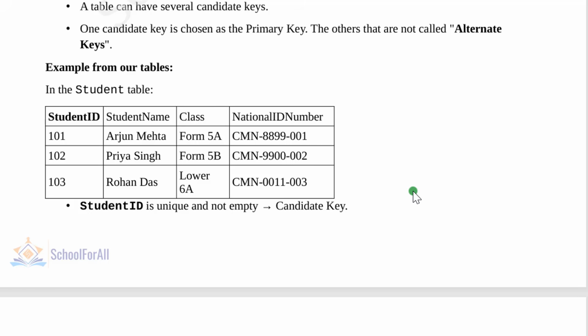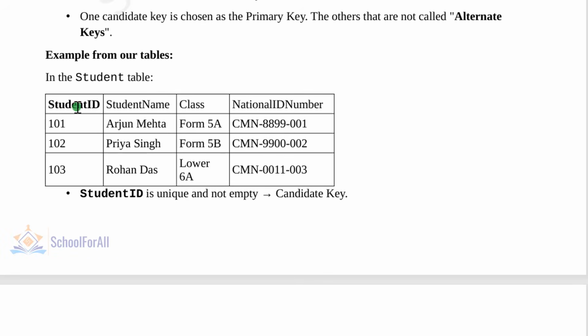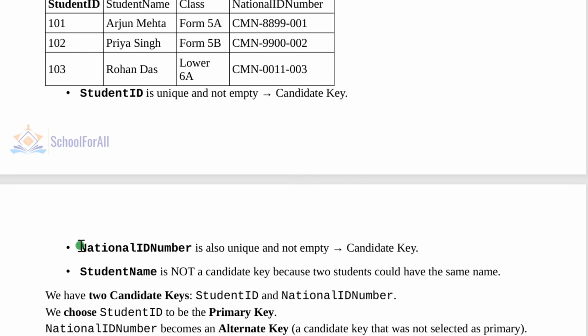Among the candidate keys, you are supposed to choose just one, and the one you choose is the primary key. Let us say I chose student ID, which I think is what I did here. Student ID is unique, not empty, so it is a candidate key. National ID is also a candidate key, as I was saying.